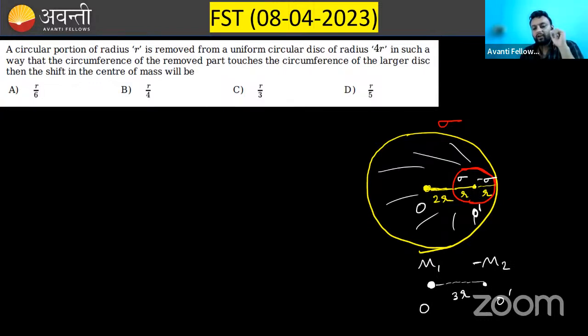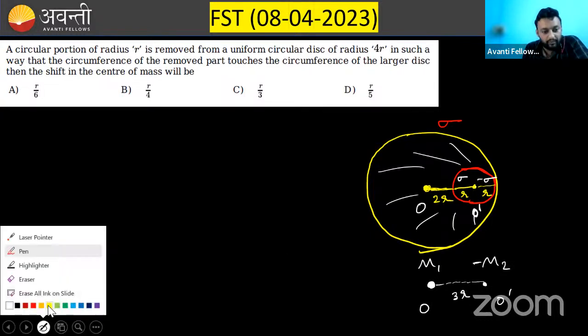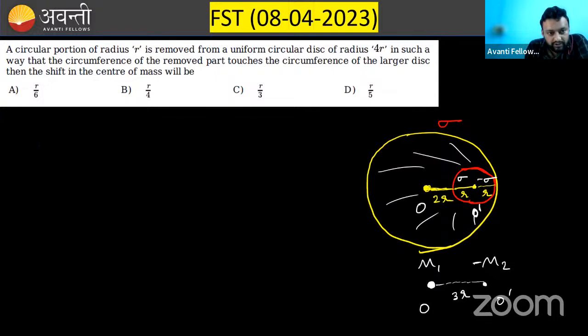Now, what will be the center of mass of this combination? The x coordinate of center of mass will be, I am taking this O as the origin. For the center of mass of this two mass system, I think you have studied the formula for two mass system.